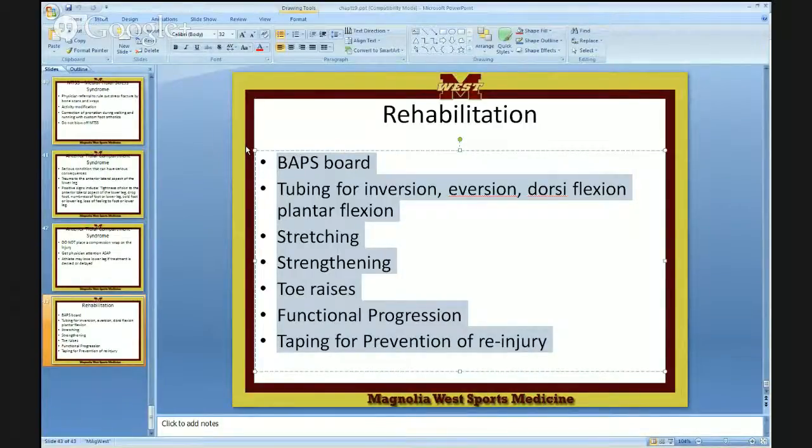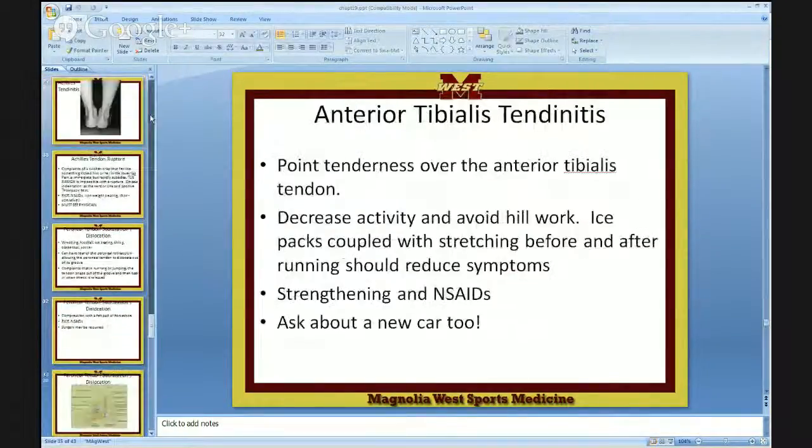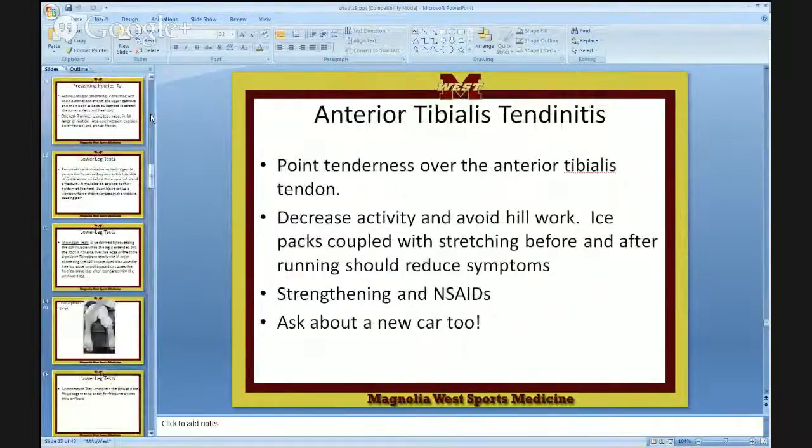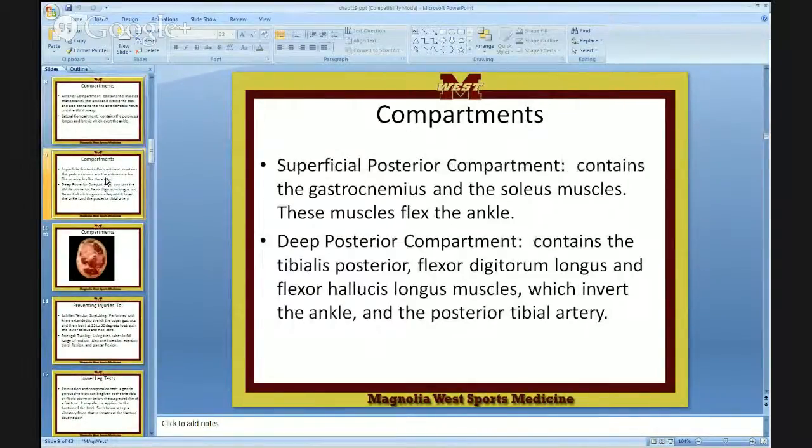Now, you're also going to have to do these, which is going to be on number 8 and 9. You need to know your compartments. Your anterior compartment, lateral compartment, superficial posterior compartment, and deep posterior compartment.